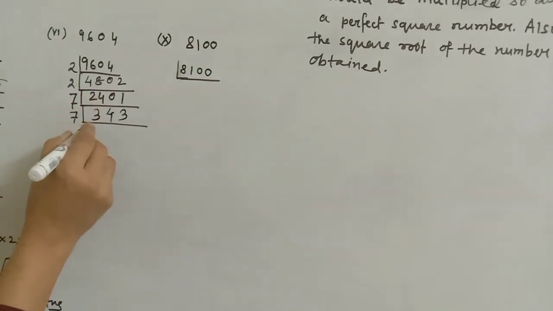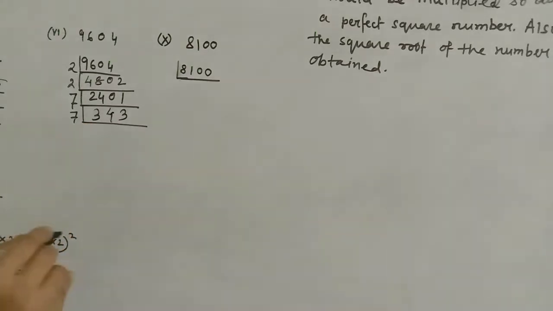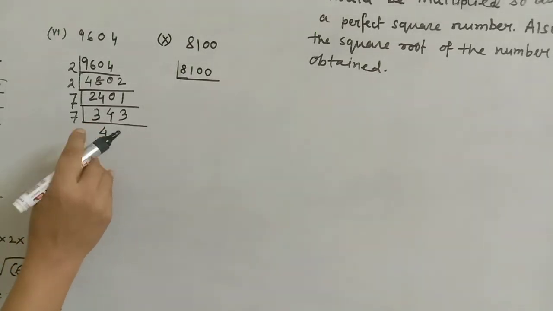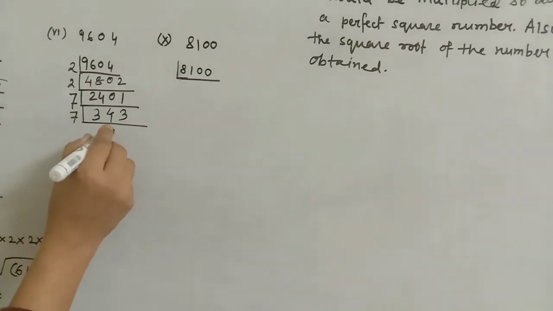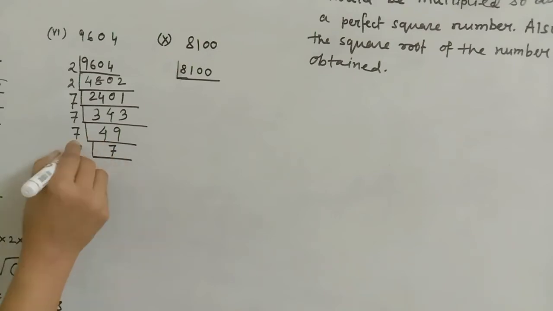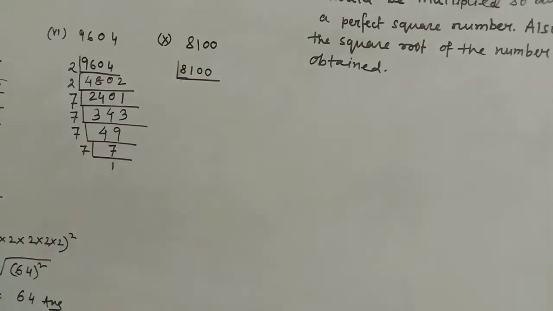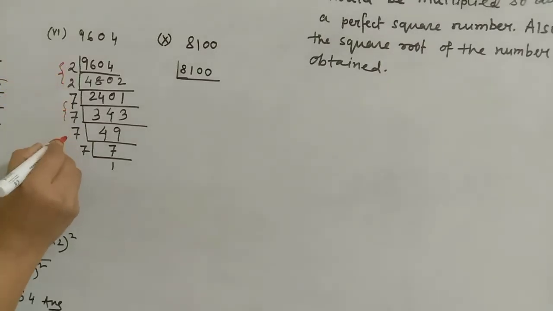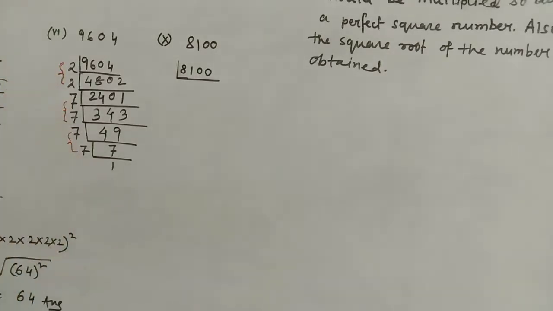Again it can be divided by 7. 7 9s are 63. Then again by 7, 7 7s are 49. By 7 it is 1. So again make the pairs. It is one pair of 2, another pair of 7 and second pair of 7.